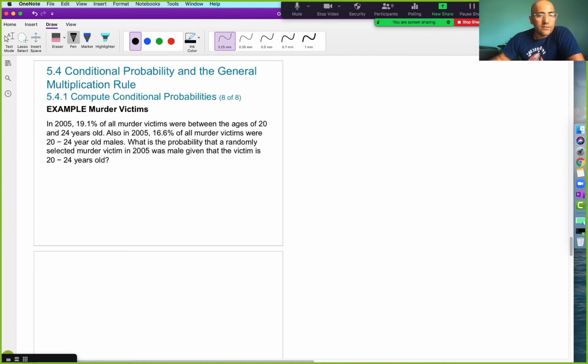It's pretty messy. You have to read through it and decipher what all these percentages mean. 19.1% of all murder victims were between the ages of 20 to 24 years old, so the probability that a victim is between 20 and 24 is 0.191.